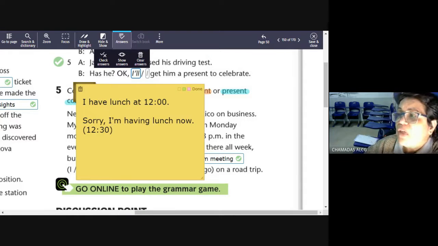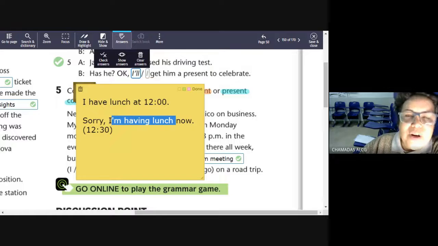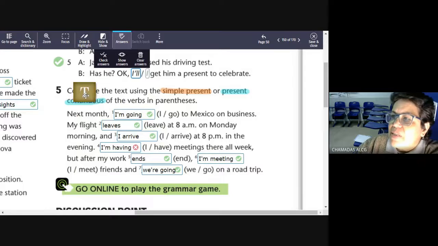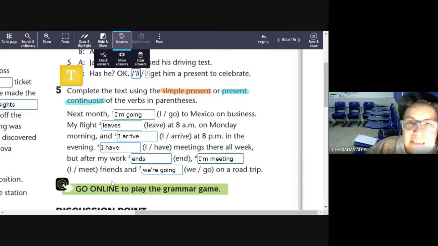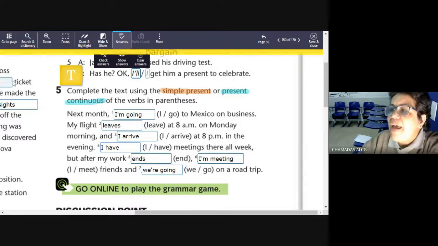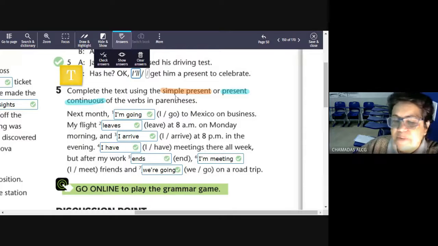All right, girls. So I can use the verb have to describe an activity. And in this case, we use the present continuous, no problem, okay? It's not a possession. So here they are using as a possession, okay? So simple present, okay? I have meetings there all week, no problem. All right? So everything else correct, okay?